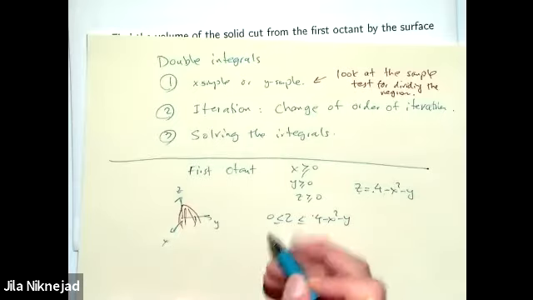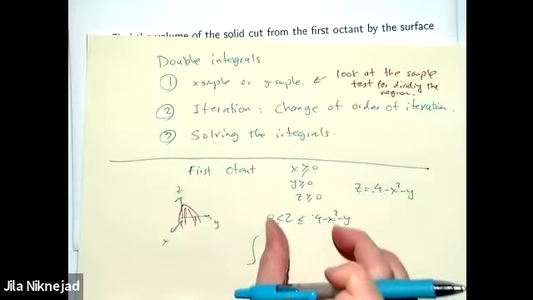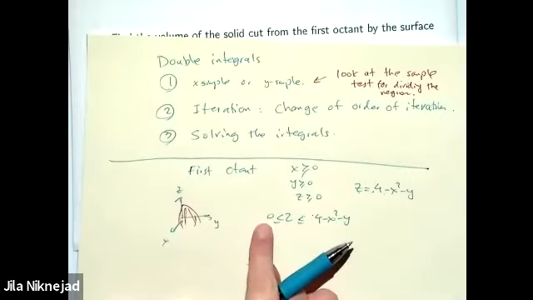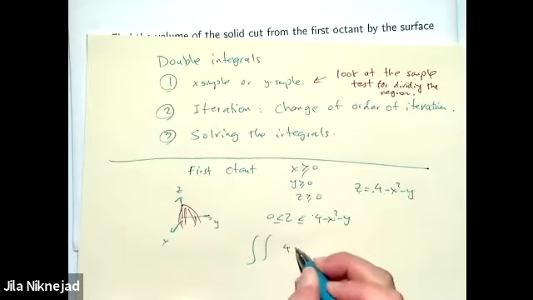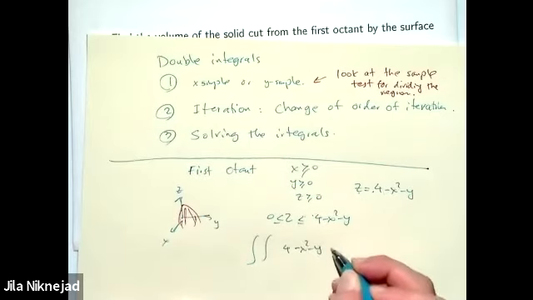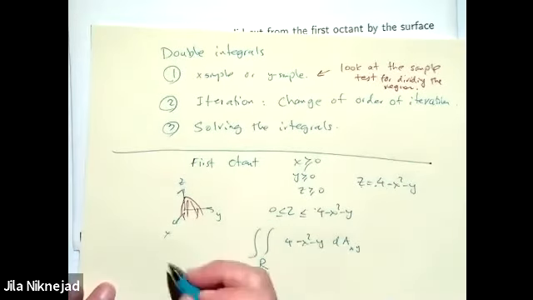So basically, I'm trying to take the double integral of the height. The other end is 0, so the height is just that, 4 minus x squared minus y dA, in terms of x and y, over the region R in R2.